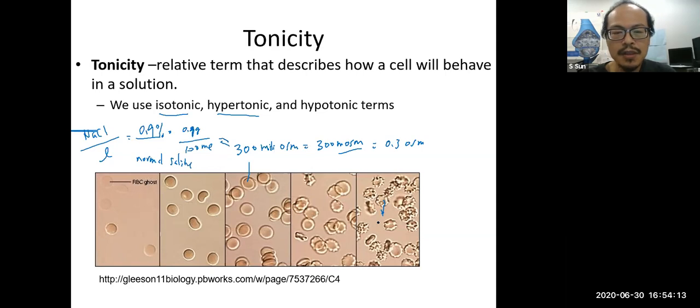Then our cell will feel uncomfortable: a lot of fluid going out, the cell will shrink. In contrast, if the cell starts to absorb a lot of fluid coming in, that means outside has low concentration. This one will be hypotonic.